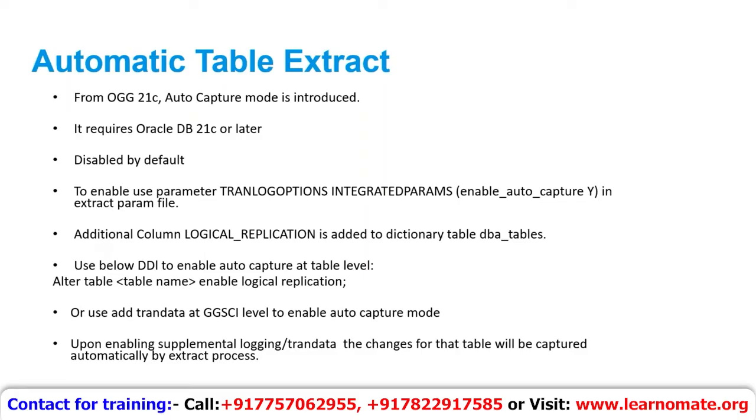So to use the automatic table extract option, you have to use TRANLOGOPTIONS INTEGRATEDPARAMS (ENABLE_AUTO_CAPTURE Y) in the extract parameter, where Y means yes. In a 21C database, you have an extra column which has been added to DBA_TABLES, which is not present until 19C.